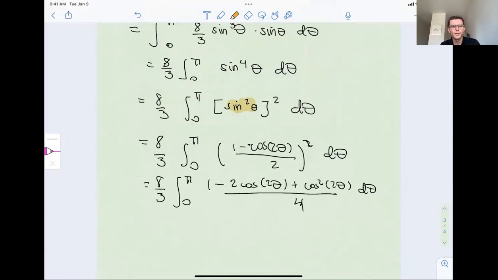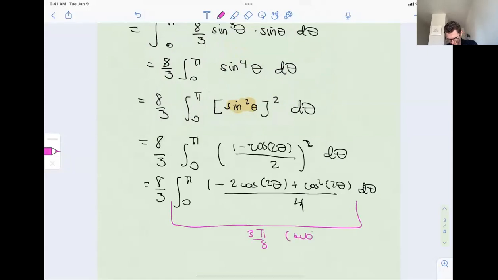I'll tell you that if you put it on Wolfram Alpha, all of this will give you 3 pi over 8. The point is you would not be expected to integrate sine to the 4 without some sort of help, because who remembers those things, right?